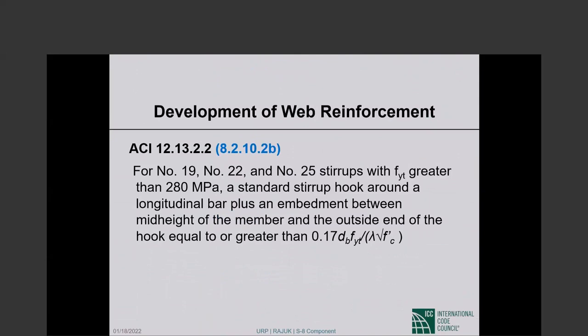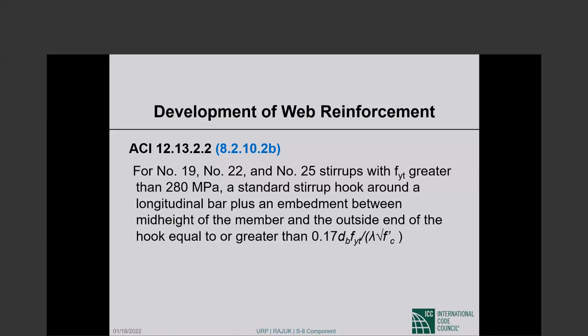For number 19, number 22, number 25 stirrups, f sub yt greater than 280 MPa. So now this is larger bars and the standard 60 ksi, not the old 40 ksi strength. A standard stirrup hook around a longitudinal bar, you have to have the hook, plus an embedment between mid height of the member and the outside end of the hook equal to or greater than the given quantity.